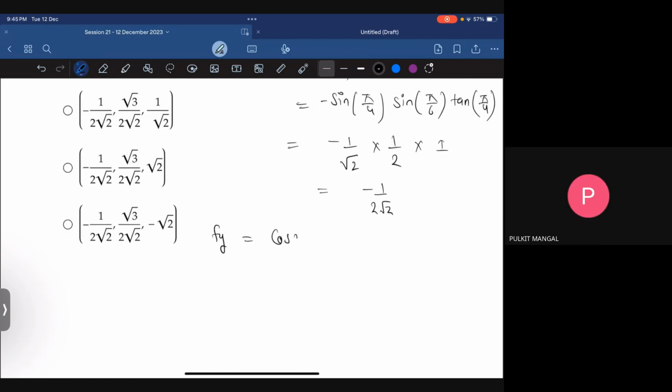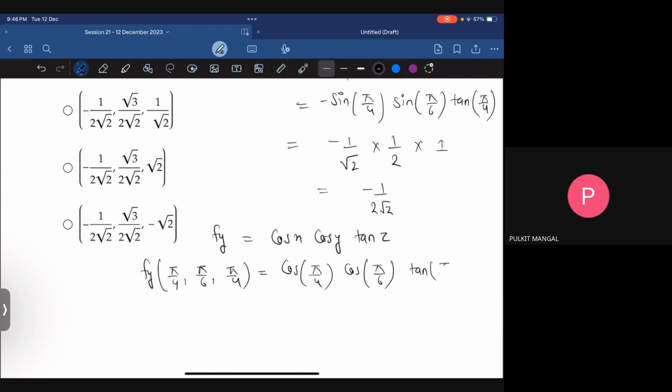So cos x cos y tan z. So fy at pi by 4, pi by 6, pi by 4 is cos pi by 4, cos pi by 6, tan pi by 4. Cos pi by 4 is the same as sin pi by 4, 1 by root 2, multiplied by root 3 by 2. So root 3 by 2 root 2.